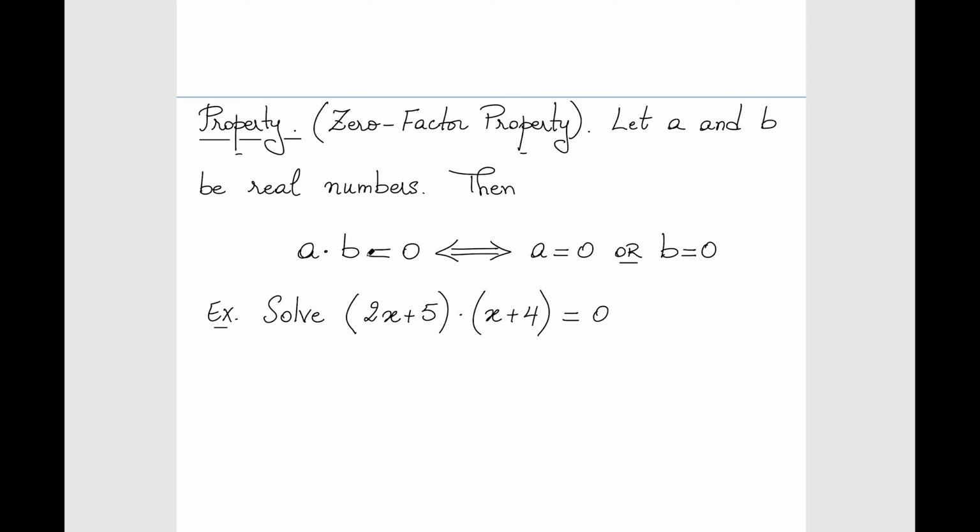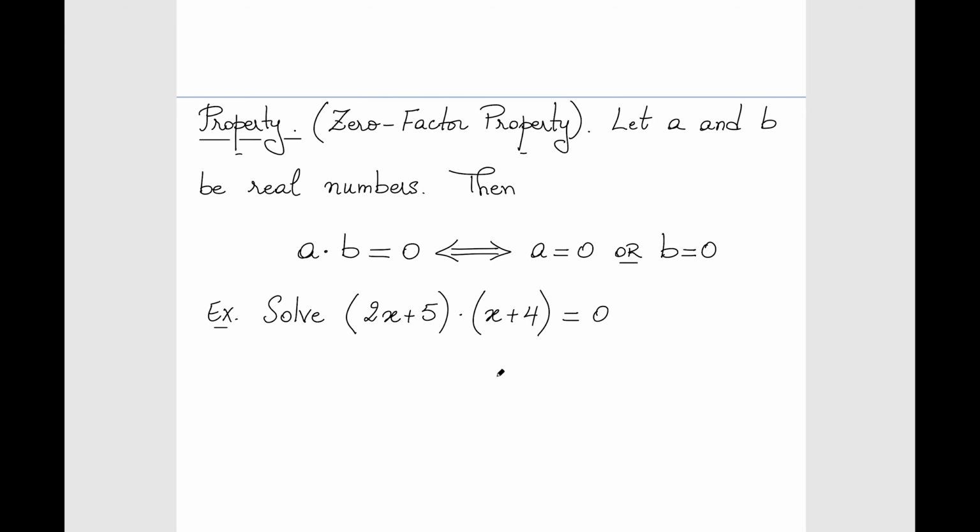I mean, this is not news to us. We know this. A product of two entities is 0. That happens precisely when at least one of the two factors is 0, right? At least one. I mean, potentially two, maybe, but at least one of them is 0. And this is exactly this property. This is the zero factor property.